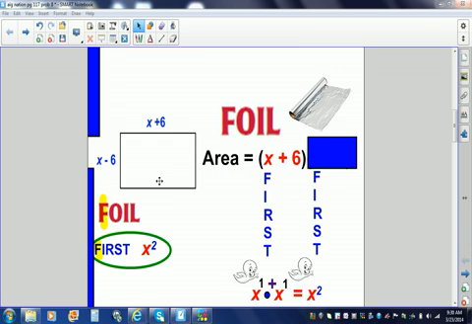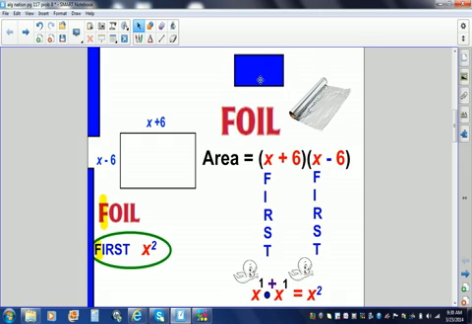Now I'm going to find the area of the rectangle. So I will do x plus 6 times the quantity x minus 6, length times width. And when I do this, I'm going to use something called FOIL. The F is going to stand for first.